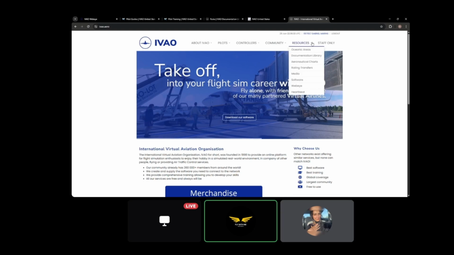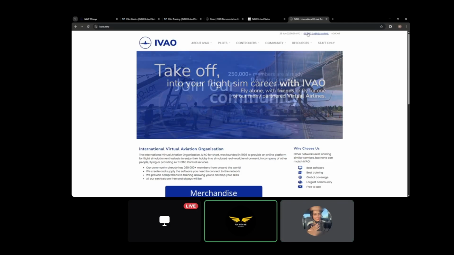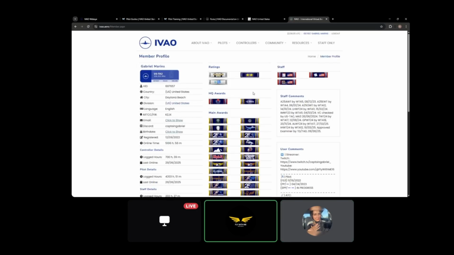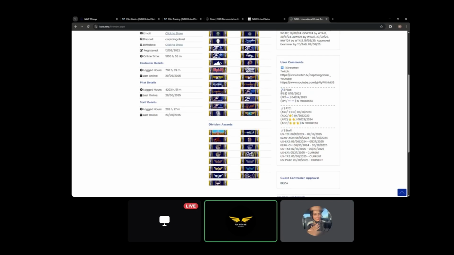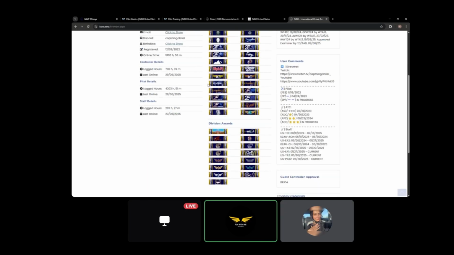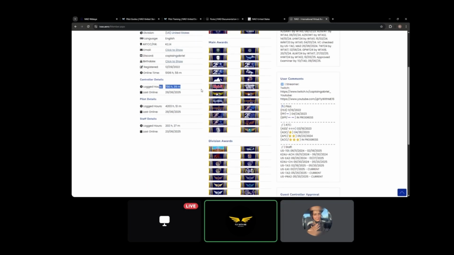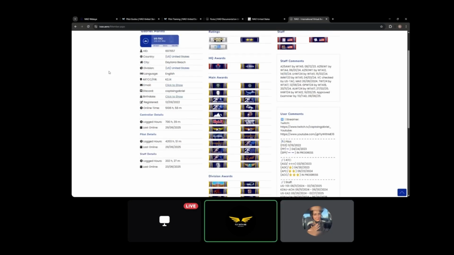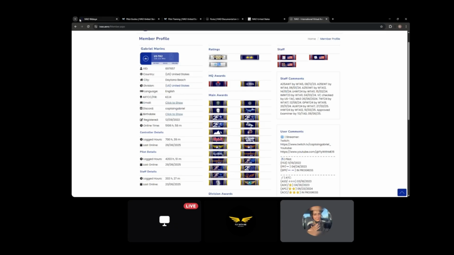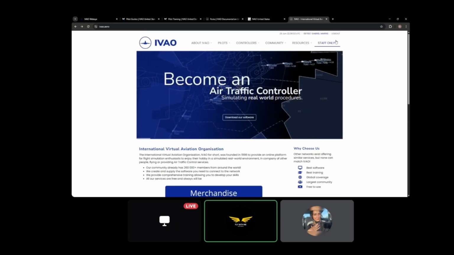It's like your ID number. When you click it, you can view all the information from your account. This is from my account. Wow, 700. Yeah. Through here is where you can see information from your account.